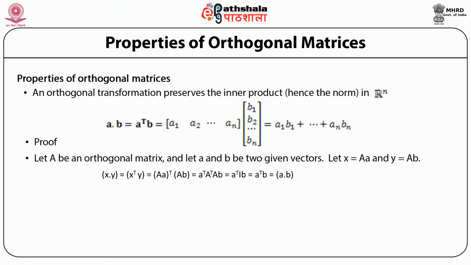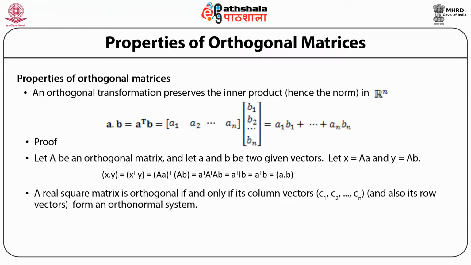Second property is, a real square matrix is orthogonal if and only if its column vectors c1, c2 and so on till cn, and also its row vectors, form an orthonormal system. Let us prove it. If A is orthogonal, then by definition, A transpose into A is equal to identity.